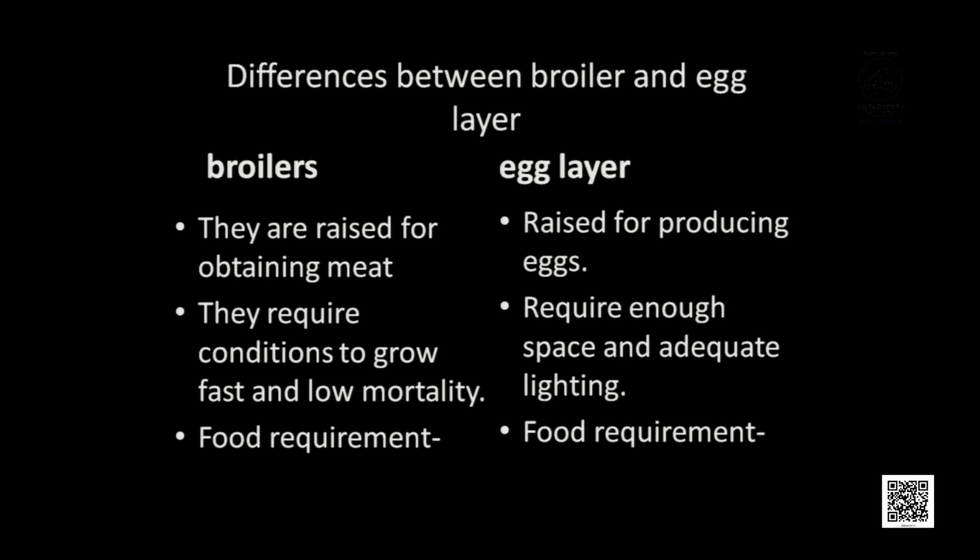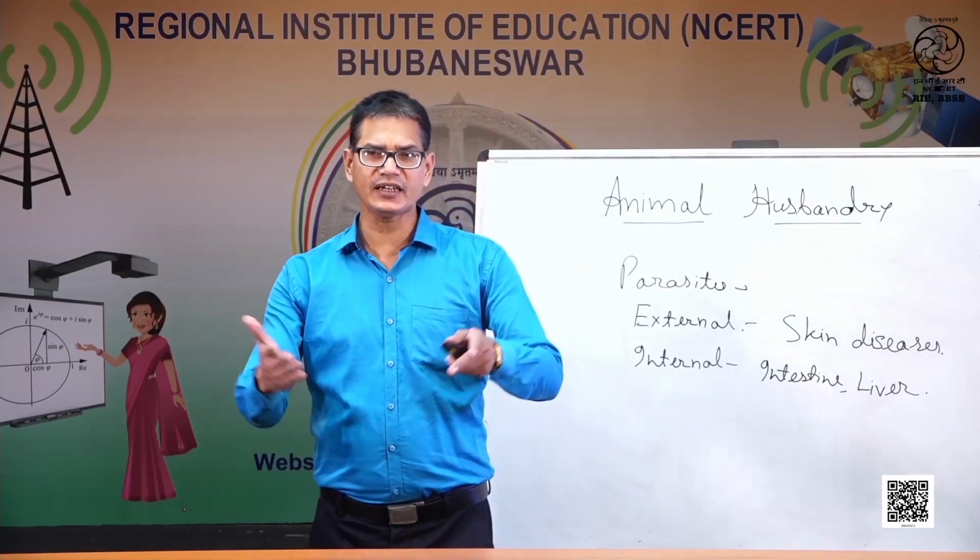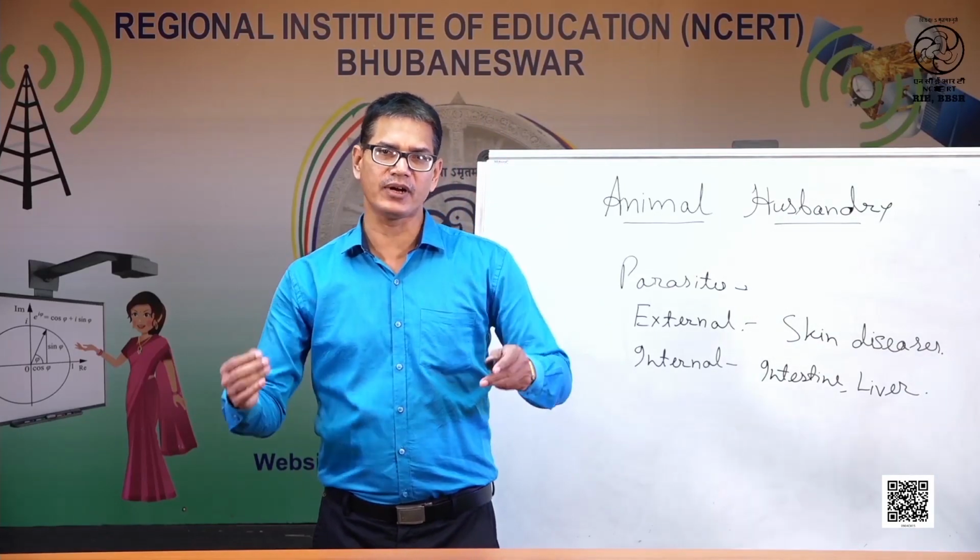In the case of broilers, they require conditions to grow fast and low mortality, whereas egg layers require enough space and adequate lighting so that they can lay their eggs in sufficient amount and in a healthy environment.